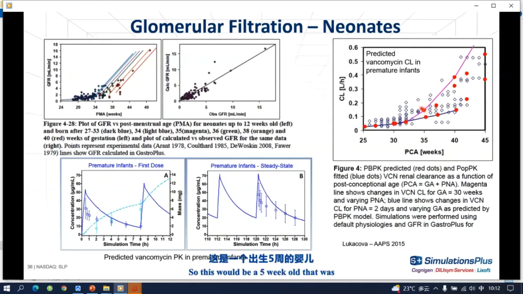So this would be a 5-week-old that was born at 30 weeks. This would be a 10-week-old that was born at 30 weeks, and so on. And you can see that those two borderline cases very nicely capture the overall range of the clearances from that population PK analysis. So again, it helped us to validate that those predicted GFRs are actually accurate and correct.